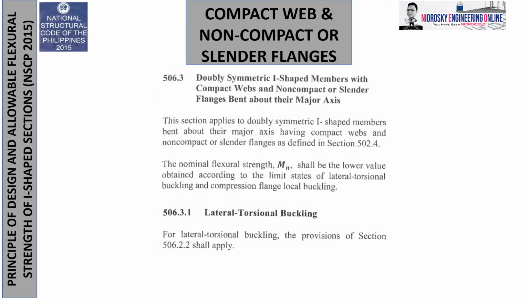Under doubly symmetric I-shaped members with compact webs and non-compact or slender flanges, again, on major axis muna. Yung nominal moment shall be the lower value of the following: lateral-torsional buckling, number 1, and compression flange local buckling, number 2. So, dalawa.